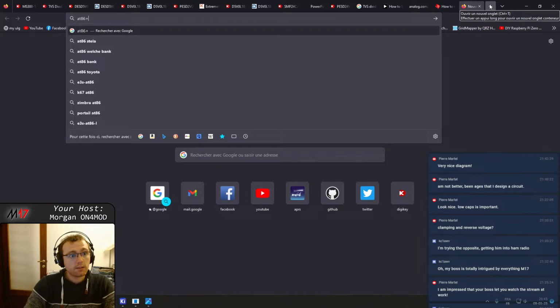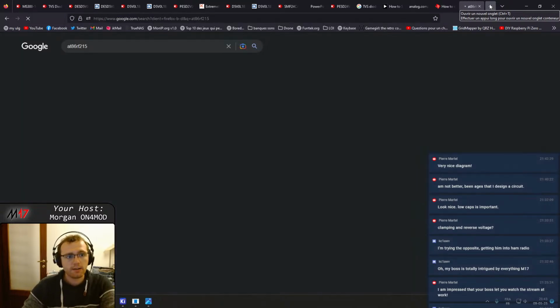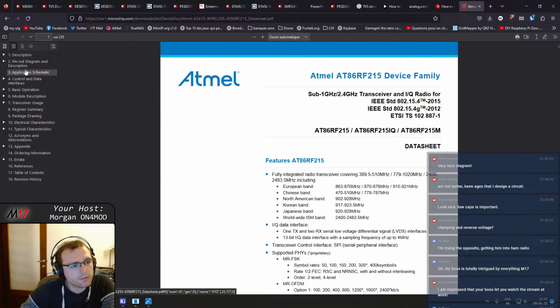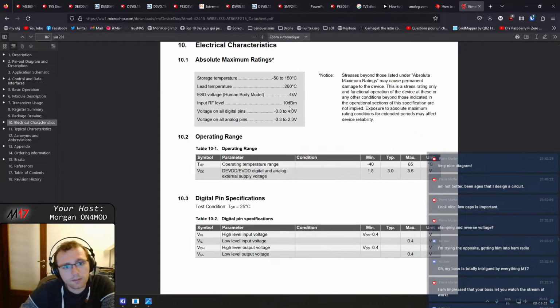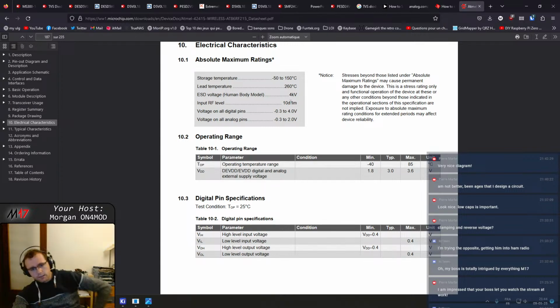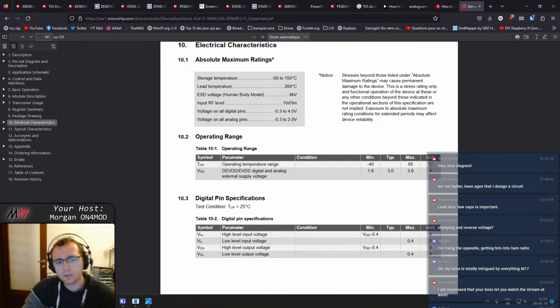So task 1, the 8086 RF215. Let's have a look at the data sheet and see what the absolute maximum rating is. That's not helping me very much.